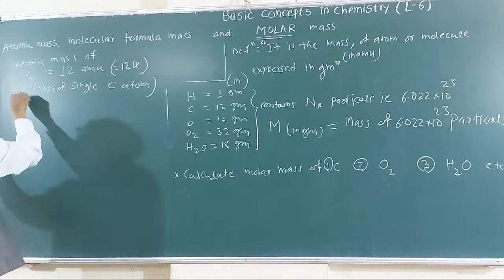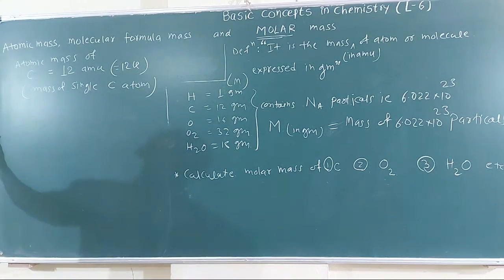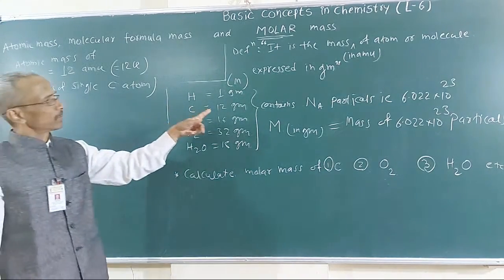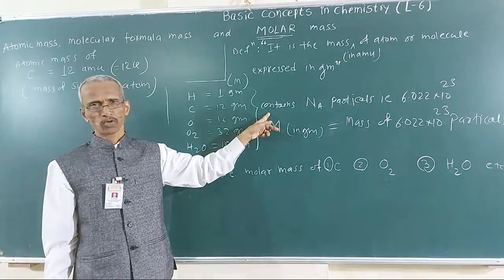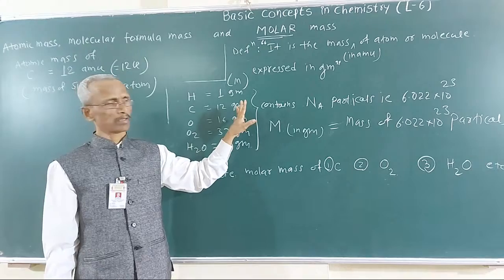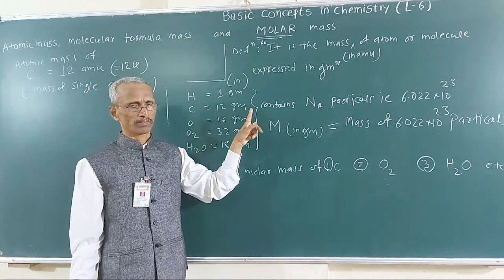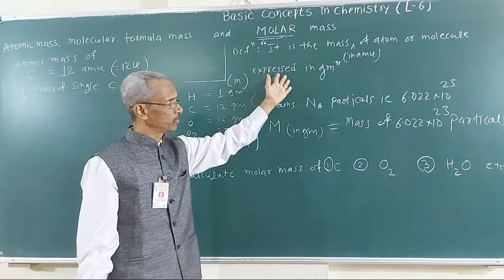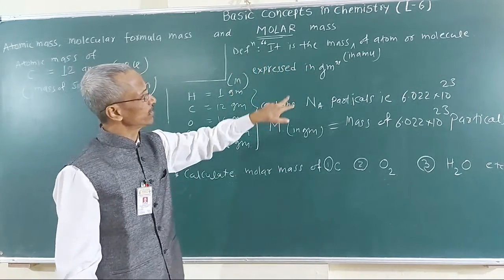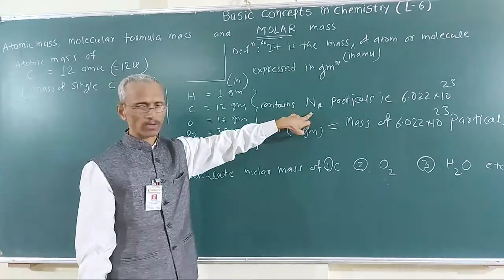Now consider molar mass. We would like to determine the molar mass. Molar mass is the mass of 1 mole. Here, you have defined amu expressed in grams. Actually, it is the mass of Avogadro's number of particles.